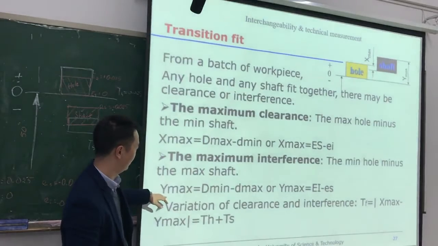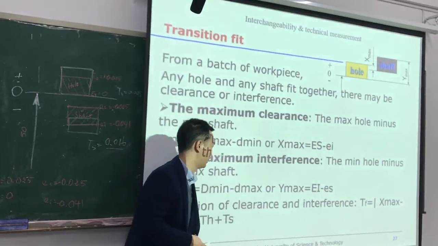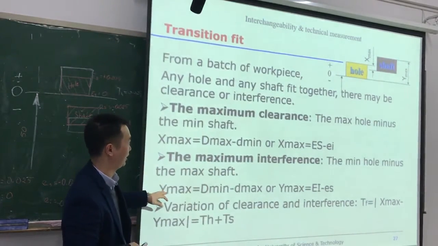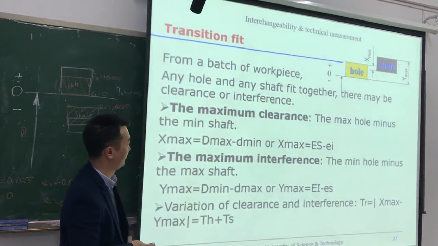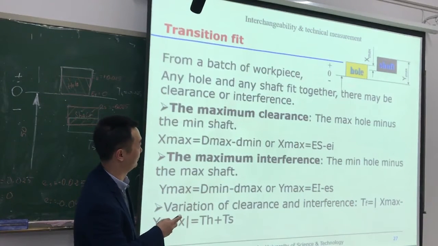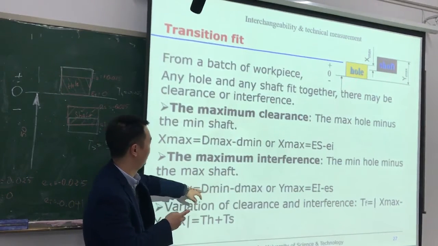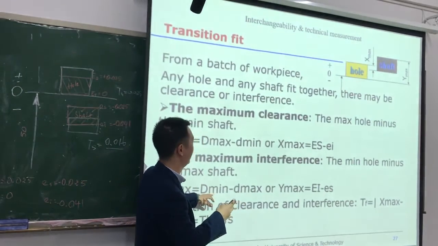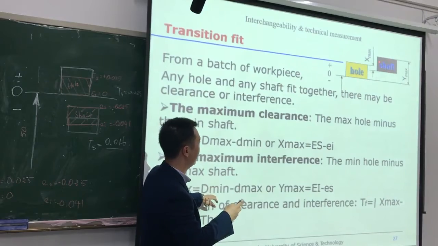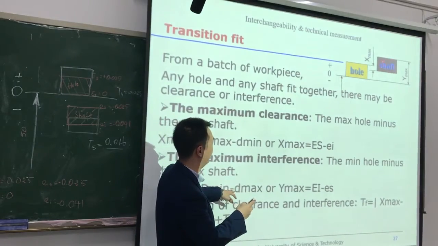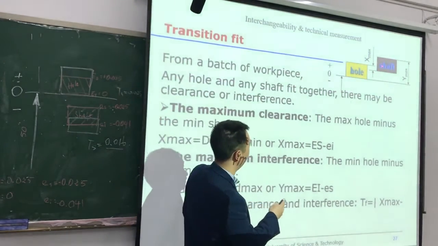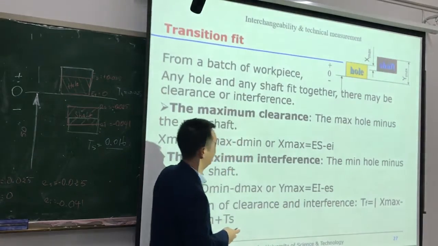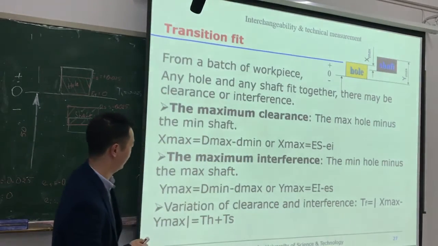We use the minimum size of the hole minus the maximum size of the shaft, and we can get the maximum interference.